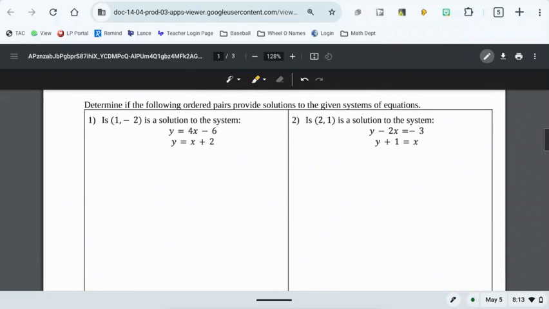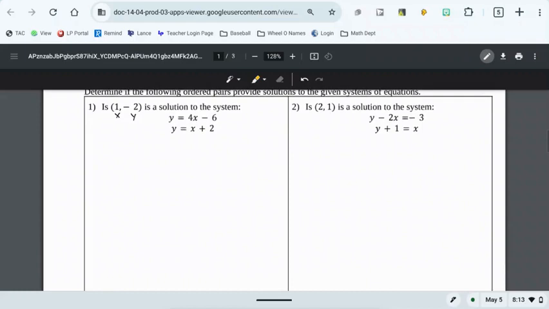Determine if the following ordered pairs provide solutions to the given systems of equations. Again, this is our x value, this is our y value. Now we have two equations, and when we plug this in, it must be true for both of them. We'll deal with this equation first. y is negative 2, 4 times 1 minus 6. 4 times 1 is 4. 4 minus 6 is negative 2.